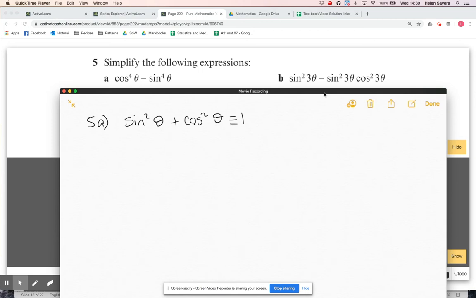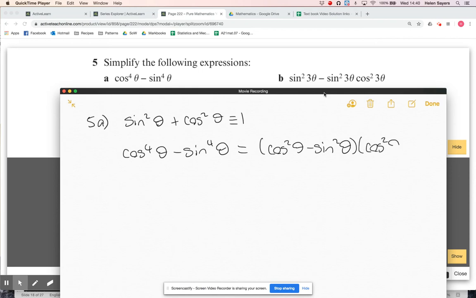One is, let's write the original expression out that they want me to simplify. So if you spot that you've got the difference of two squares there, because cos to the power of 4 is a square and sine to the power of 4 is a square, you can just rewrite that as cos squared theta minus sine squared theta times cos squared theta plus sine squared theta.